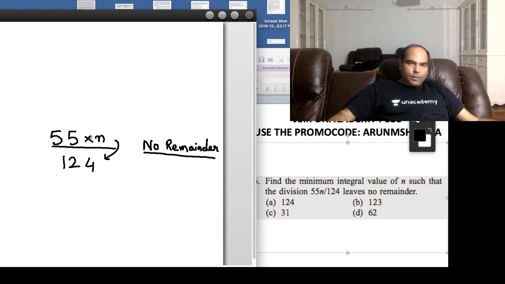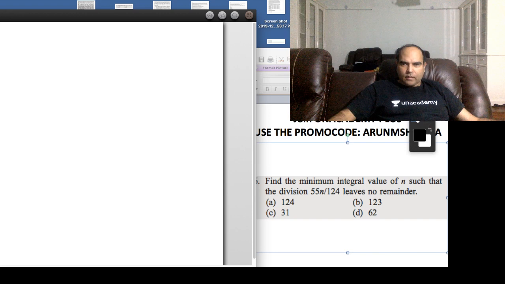Now for this to be divisible by 124, when do you say that x is divisible by y? You say x is divisible by y when x divided by y leaves no remainder.